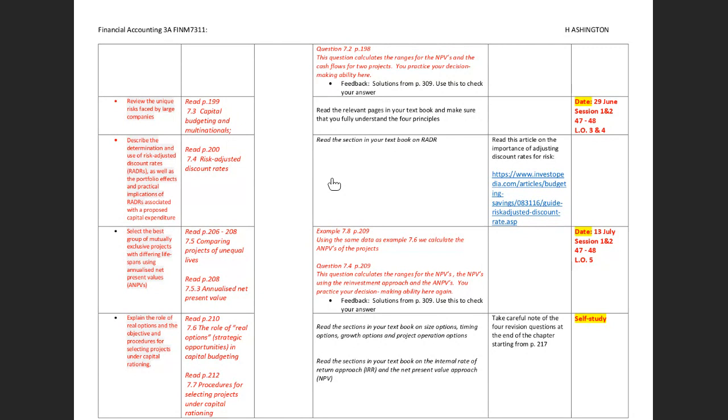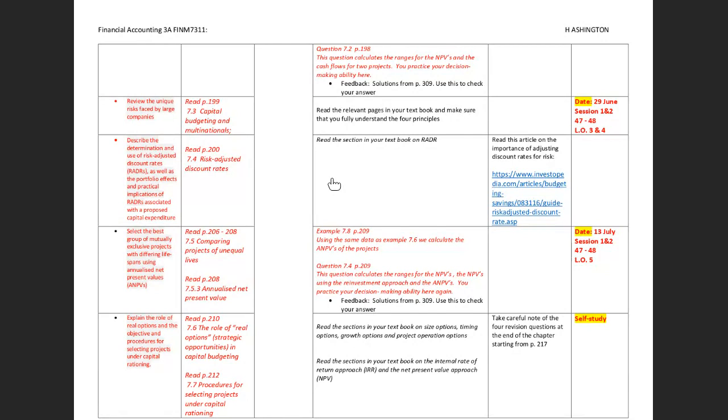A risk-adjusted discount rate is where we now have to adjust the discount rate or WACC that we would normally use in our company. In other words, do a calculation: what is the WACC of our company? But now for this specific project, we are going to adjust that rate for the risk inherent in this particular project that we are assessing.